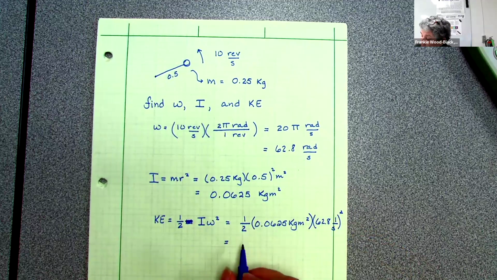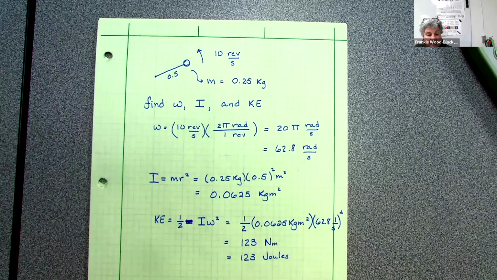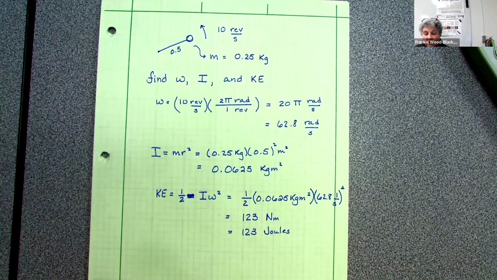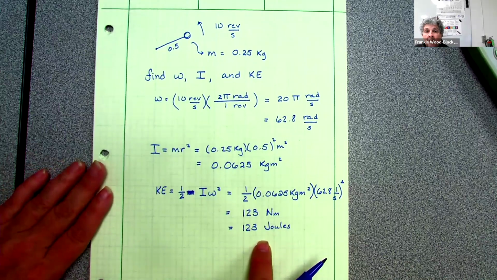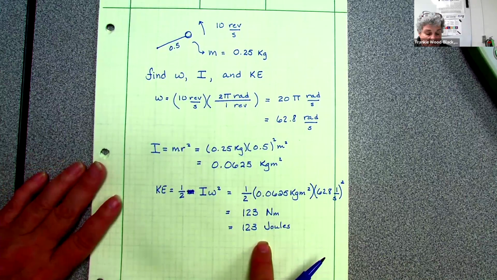And this is going to end up being 123 Newton meters, which is 123 joules. That's an awful lot of energy that we are imparting to the mass.